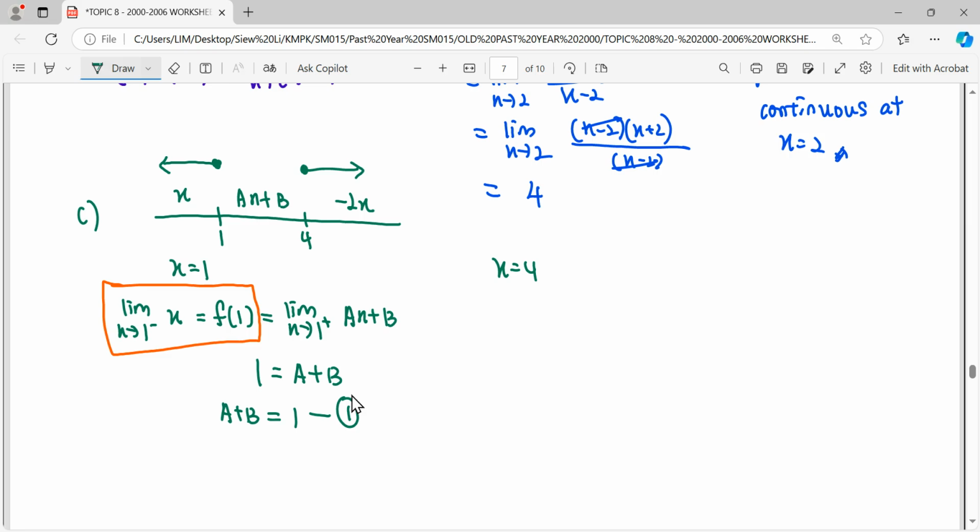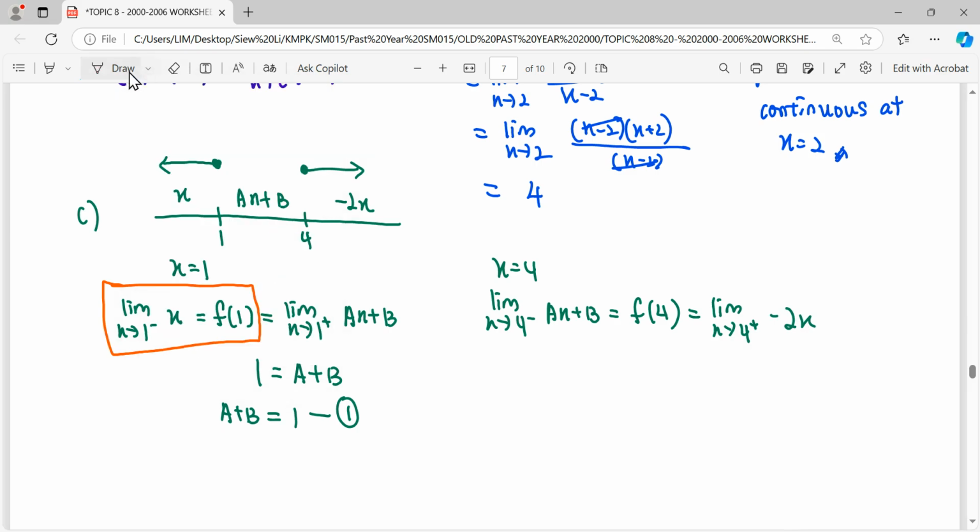Then we move to the second point here. We can see x equals 4. Left hand side is a different function, right hand side is a different function. The point follows the negative 2x here. As we know, they are continuous. So our equation is: the limit as x approaches 4 from the left hand side, function ax plus b, must equal the point f(4), and must equal the limit as x approaches 4 from the right hand side, function negative 2x.